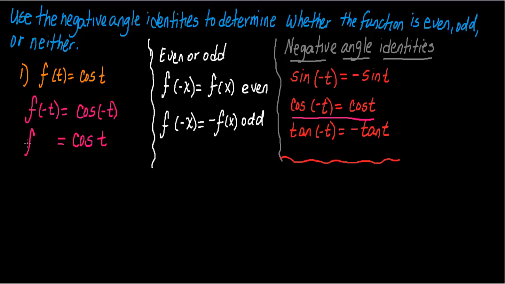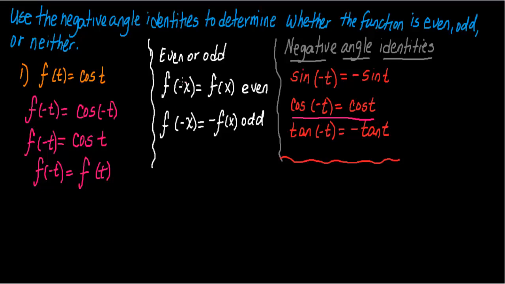Now notice that f of negative t is equal to cosine of t. I'm saying that f of negative t is equal to my original function f of t, which is cosine of t. And we said that if that happens, I can call this an even function.